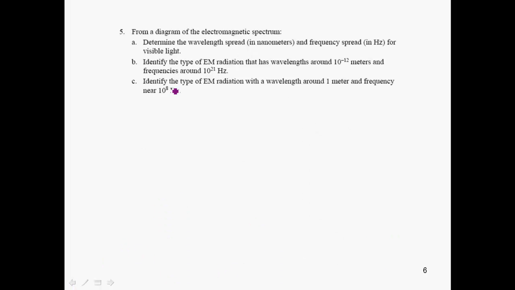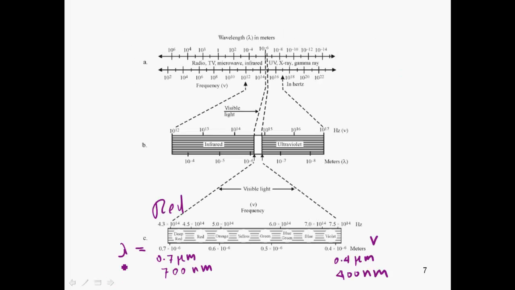So if I go back now, question B. Identify the electromagnetic radiation that has wavelengths around 10 to the negative 12 meters and 10 to the 21st hertz in frequency. Okay, 10 to the negative 12 meters. You're going to come up here on this top waveform.